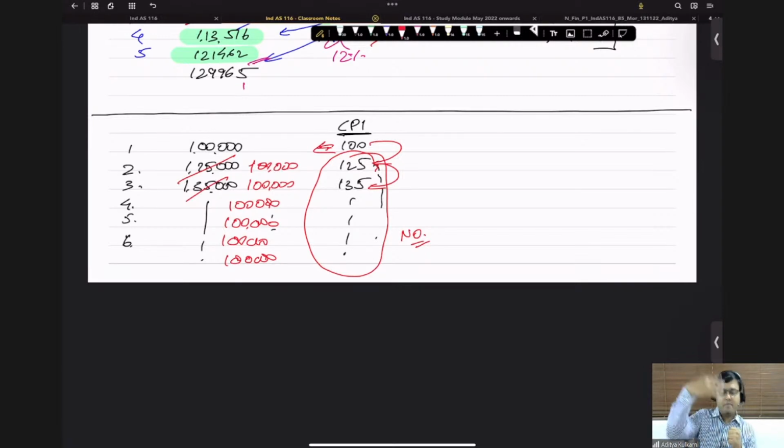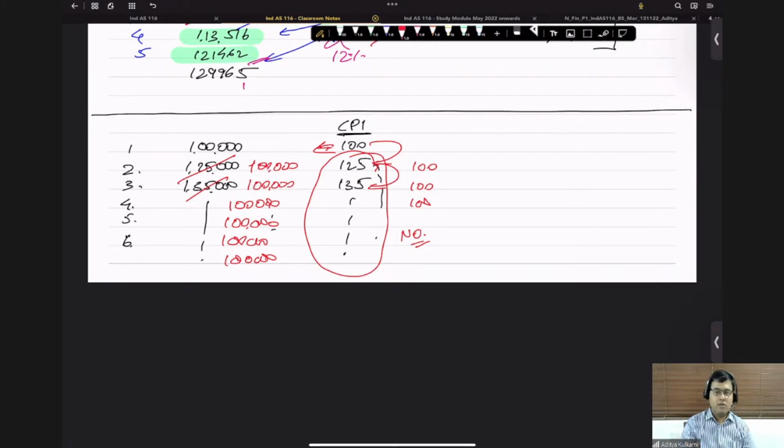I cannot estimate my CPIs in the future. So there is only one option. On the first day I will take that the CPI is 100 on all the years, and then I will do the calculation.